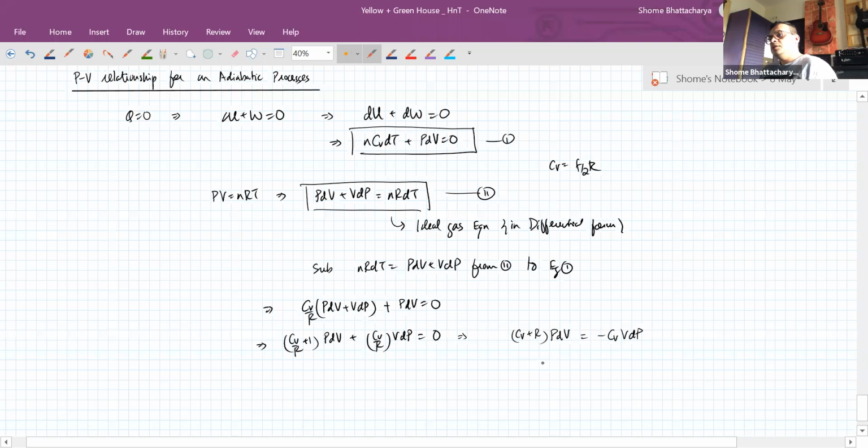So Cp by Cv is called gamma, the adiabatic constant.